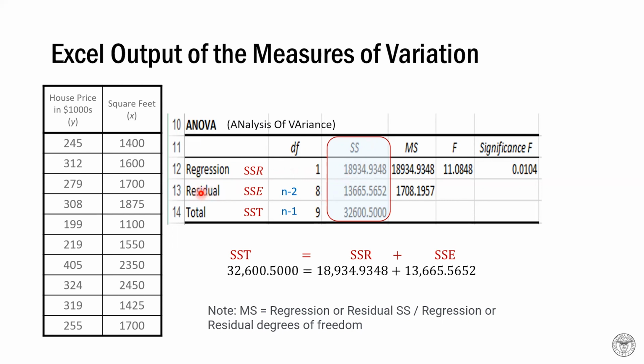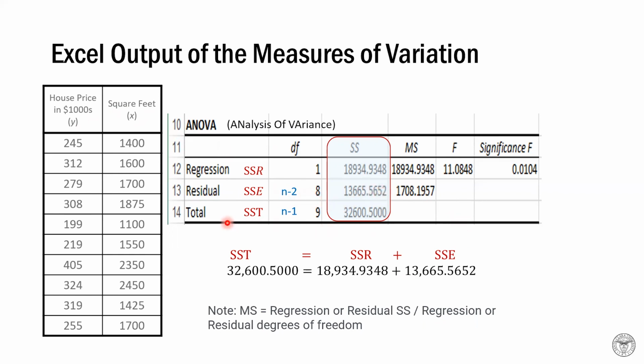The intersection between the residual row and the SS column is the value of SSE, whose degrees of freedom is equal to n minus 2, equal to 8 in this specific case.